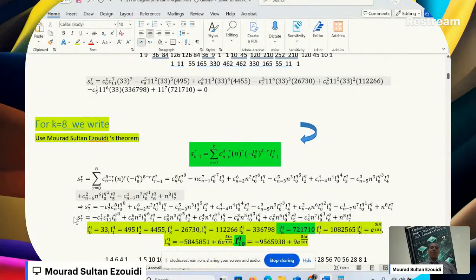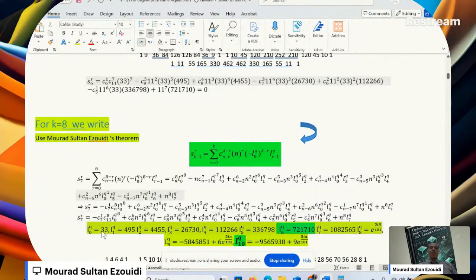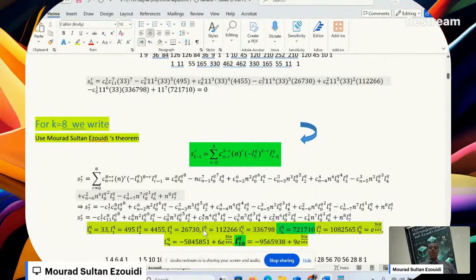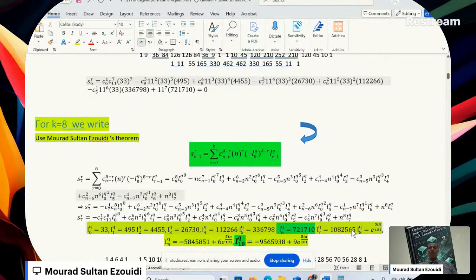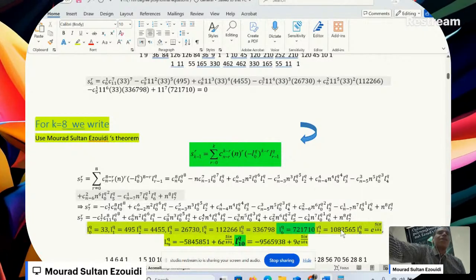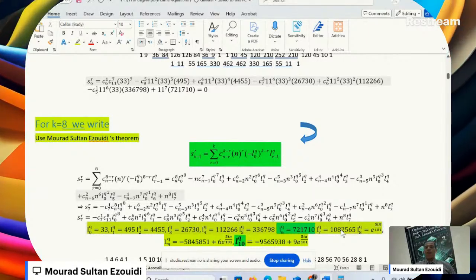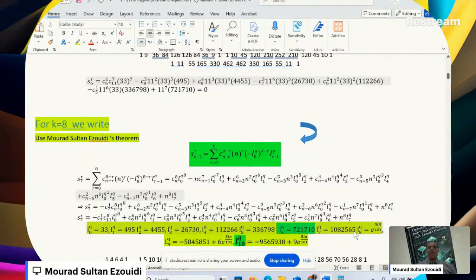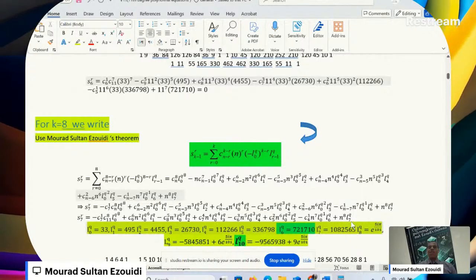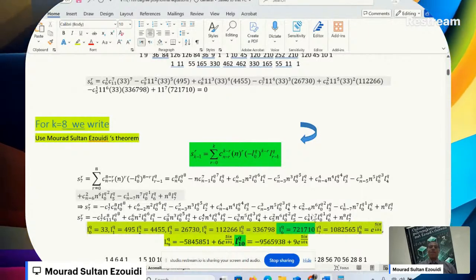You can see this formula of S7 depends only on L0 up to L7. Okay, you stop at 1,801,082,565, because the last term here is L7.